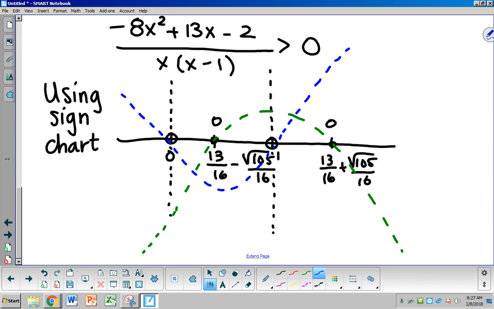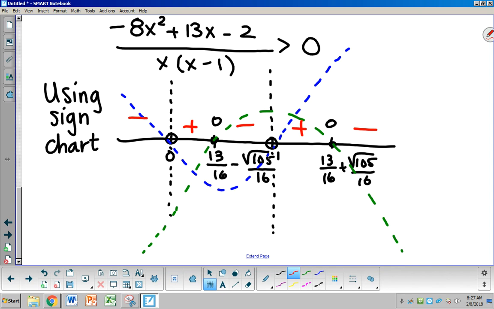Now, what am I doing? I'm dividing them, aren't I? Those two values. So what happens when I divide on the left-hand side here, a positive by a negative? We get a negative. What happens in the middle section here, when I get a negative divided by a negative? Positive, negative, positive, and then negative.